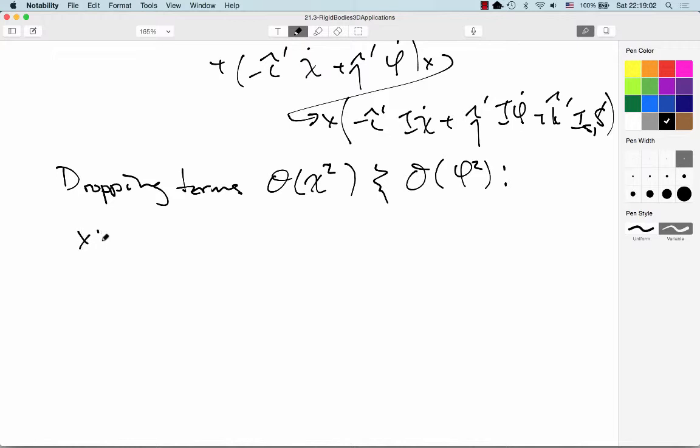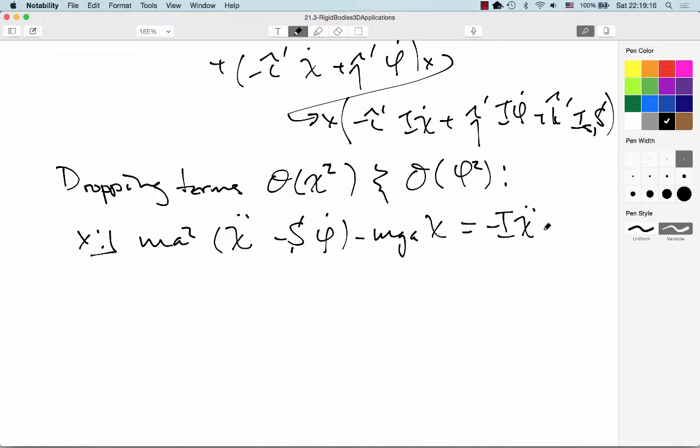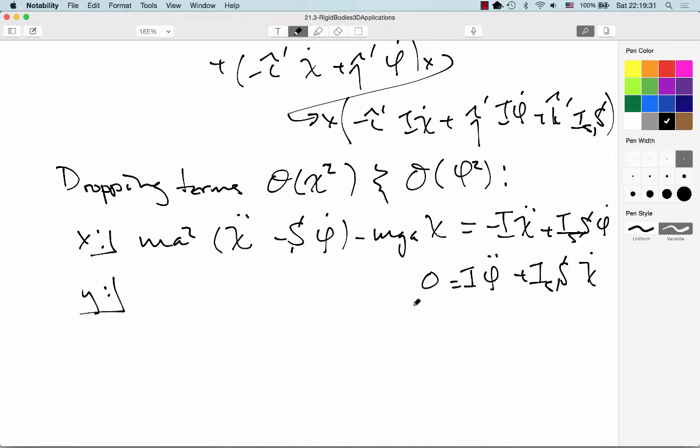For x, we have ma squared chi double dot minus I_s s phi dot minus mga chi equals minus I chi double dot plus I_s s phi dot. The y component gives me 0 equals I phi double dot plus I_s s chi dot.